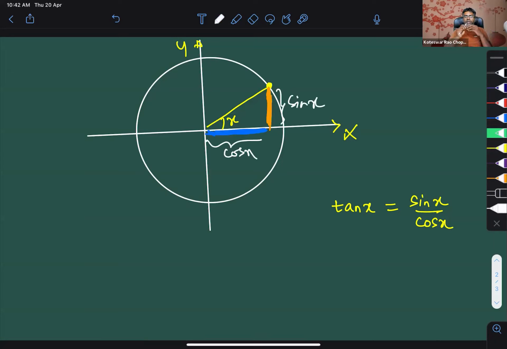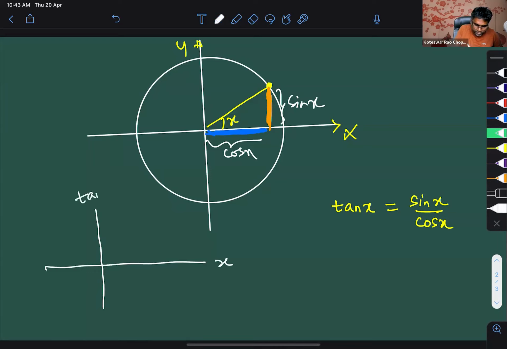When x is very, very small, your sine is also very, very small, even though your cos x is very large, which is 1. So when you start off from 0, in the x versus tan x graph, you will be very close to 0.